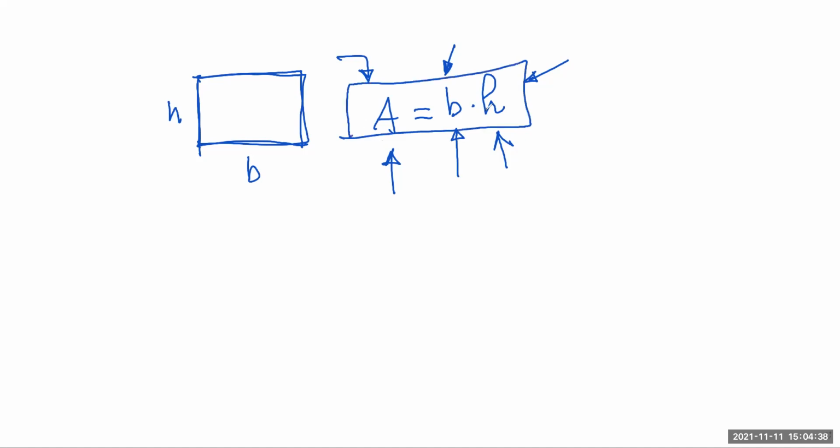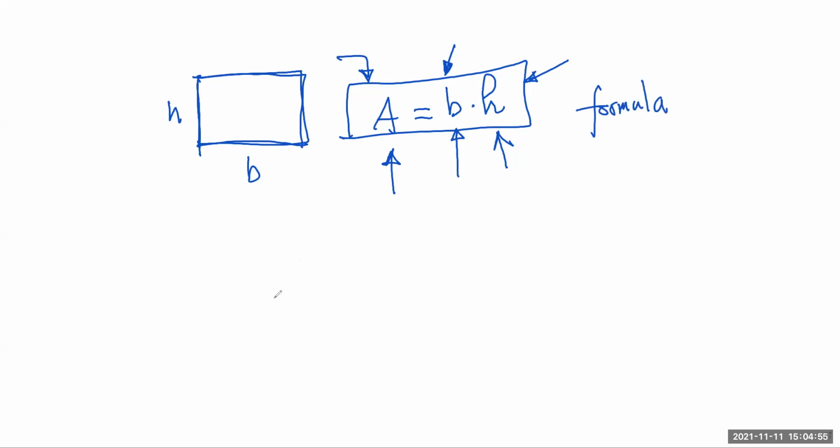And so if there are three variables, and we know the value of two, then we can figure out the third. Good? Okay. So from this formula, we can derive two more formulas.